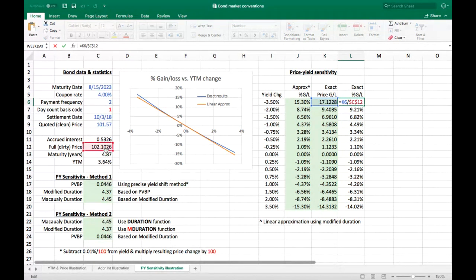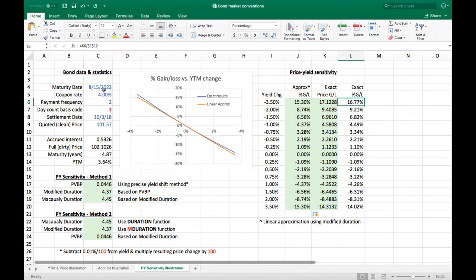So that's a mistake you might easily make, thinking you would divide this by the clean price, but that's not what you've invested. You've invested the dirty price. So once we've done that, we've got the exact measure, and so we can see that actually our approximation here is as good as it was when we looked at this using TVM functions.